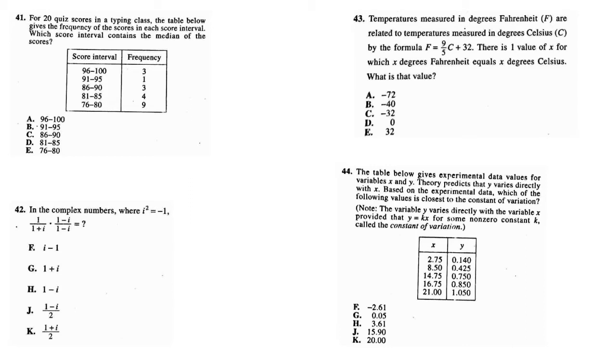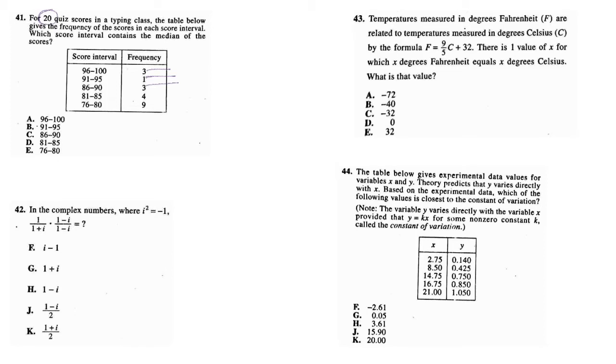So the median of the scores, that's going to be the middle of the scores. So, goodness, let's see how many scores are actually here. We've got 20, don't we? We were told 20. So let's see, this top part here we have 3, 4, 7.